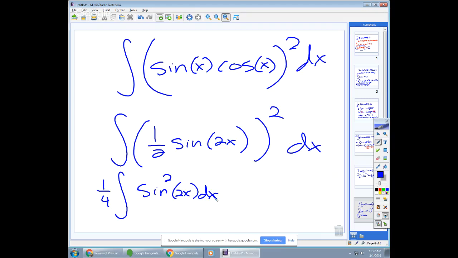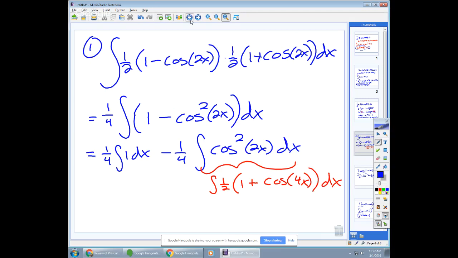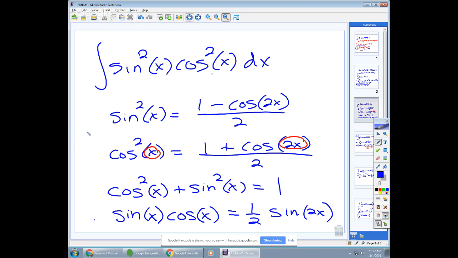And then I used the double angle for the sine squared x. Okay, so then we rewrite this one right here. So the 1/4 is chilling out front. The formula you're referring to is this one right here. Yeah, and again, whatever this is gets doubled when we use that formula.